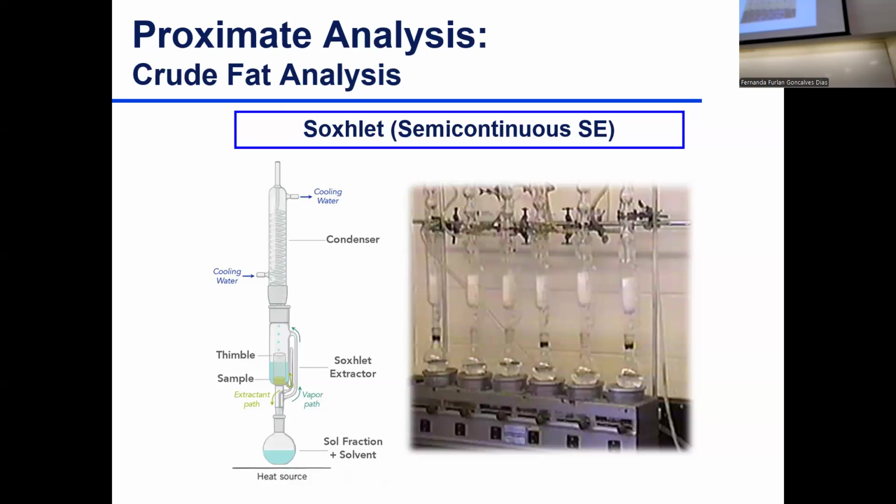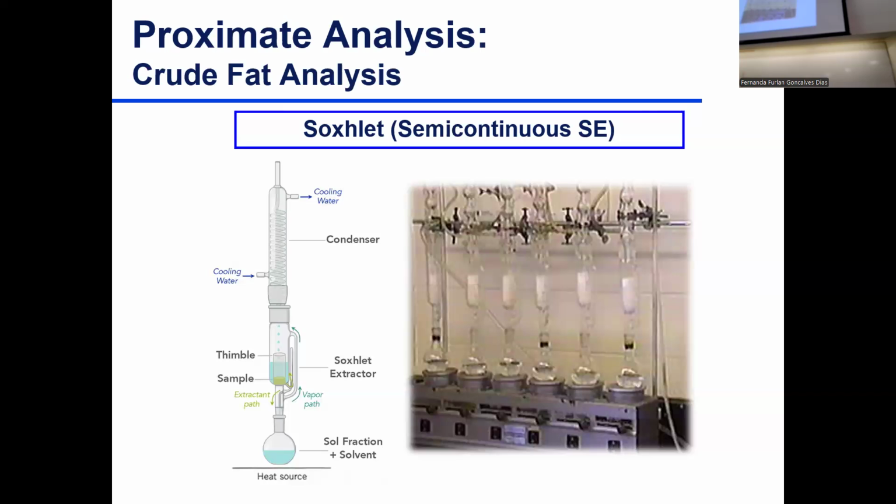From here, you have something like this, and on top of this, you have a condenser. So what happens here?